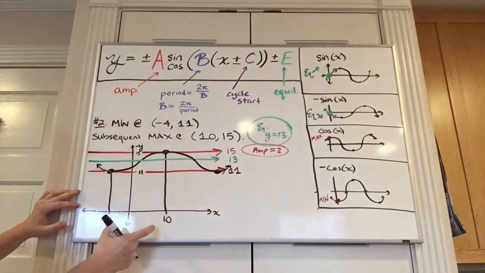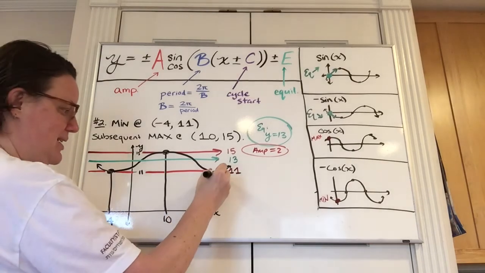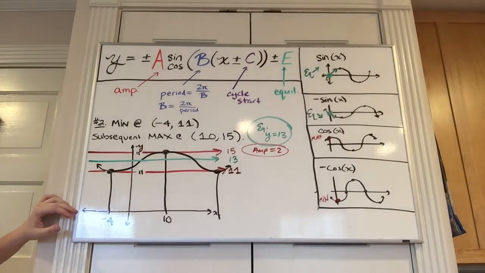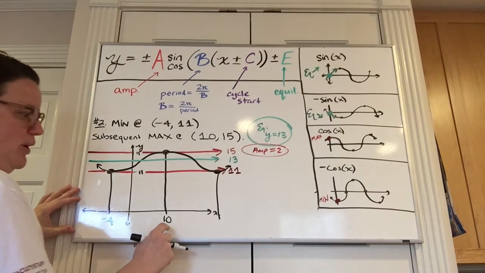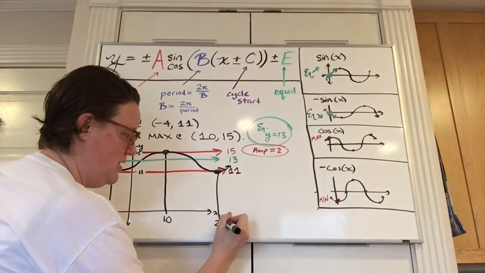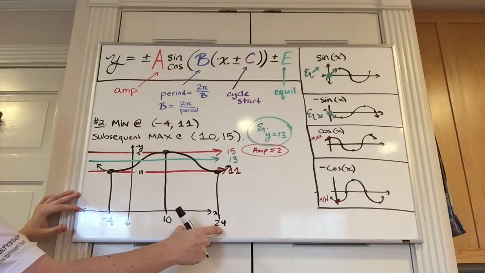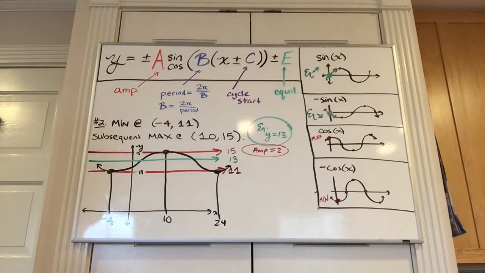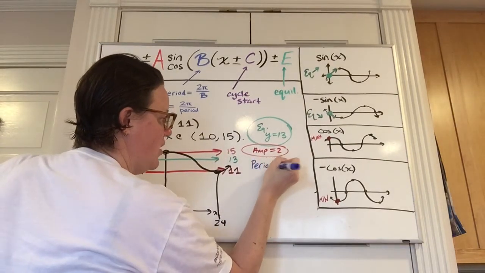So if I went from -4 to 10, if I went 14 units here, I've got to go another 14 units to get to the end of the cycle. So the distance between -4 and 10 is 14, so I need to go another 14 up to get here. That's going to be an x of 24, right? This is a distance of 14. I added another 14.